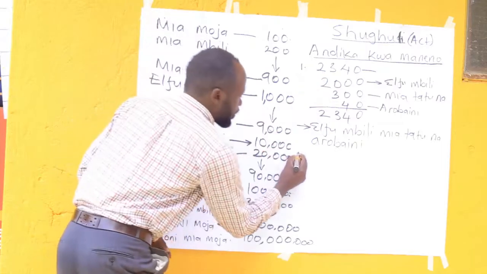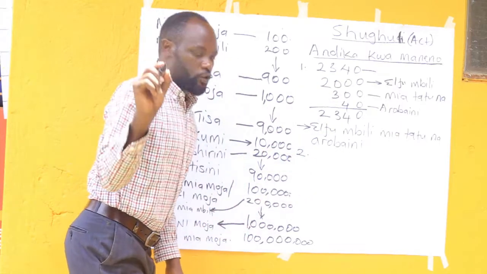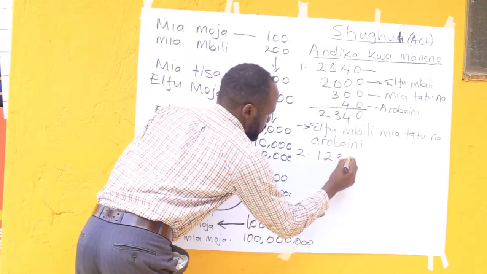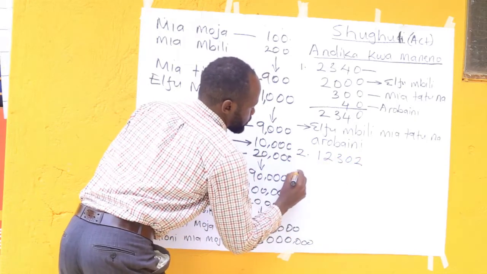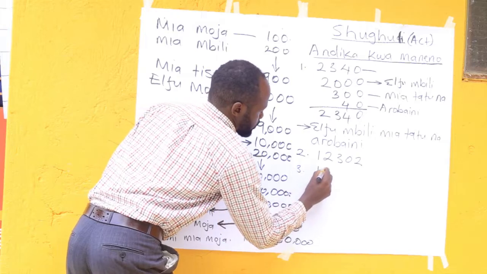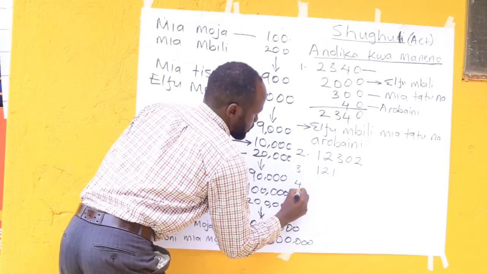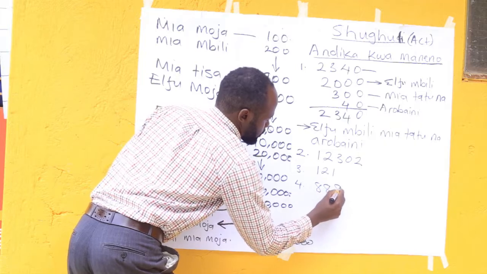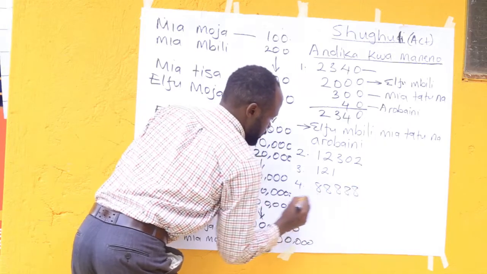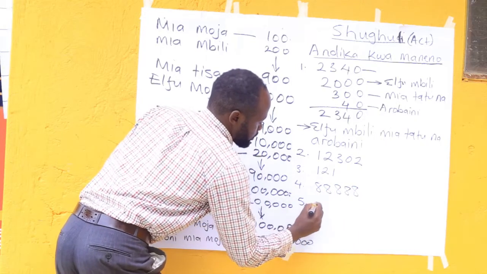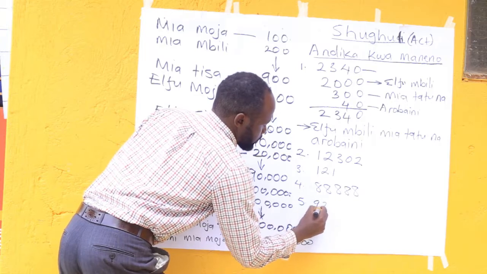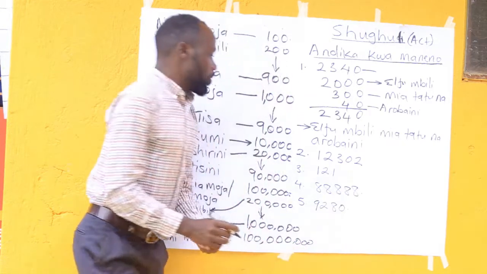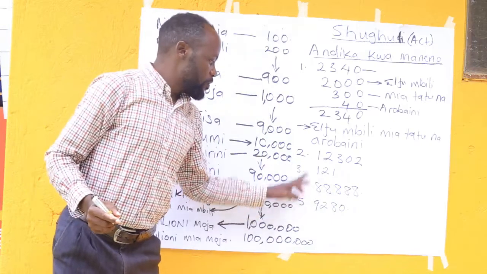So I have number 2 for you. Try it. These are 4 numbers.